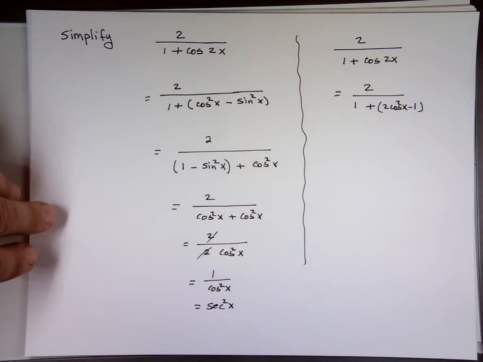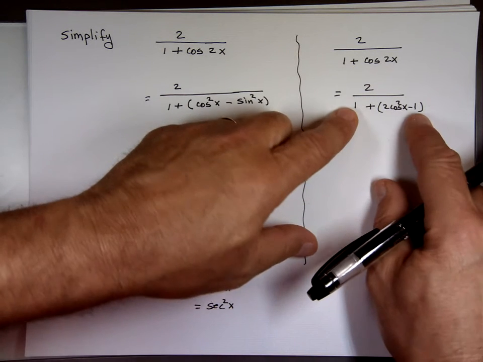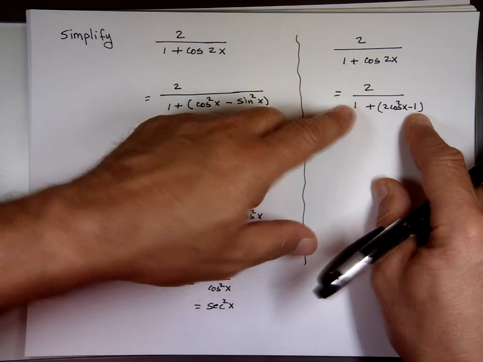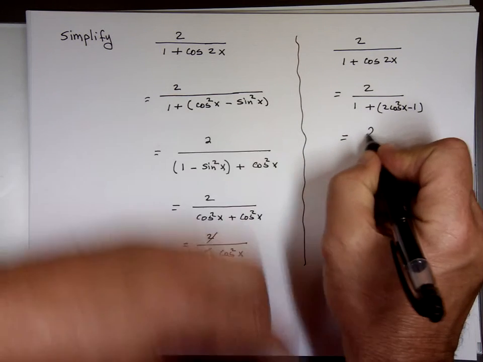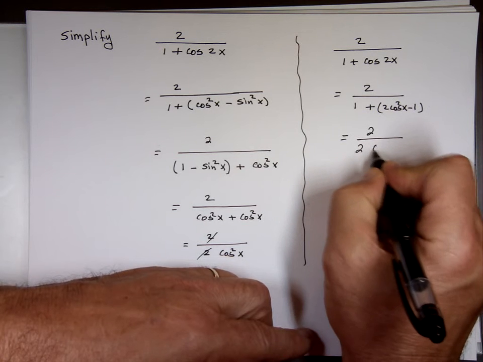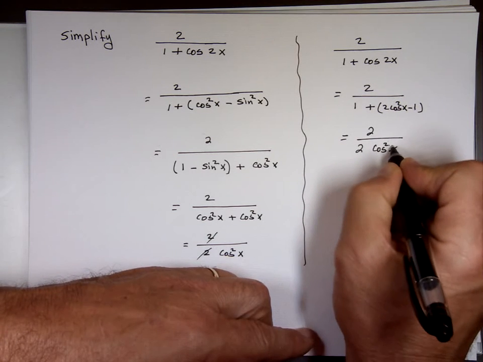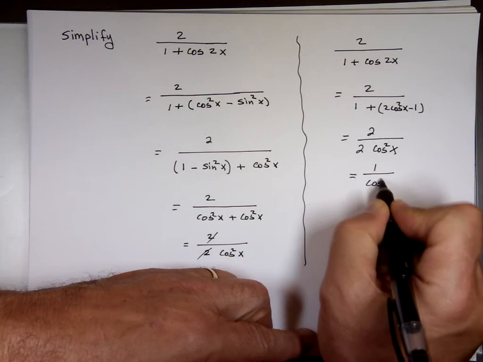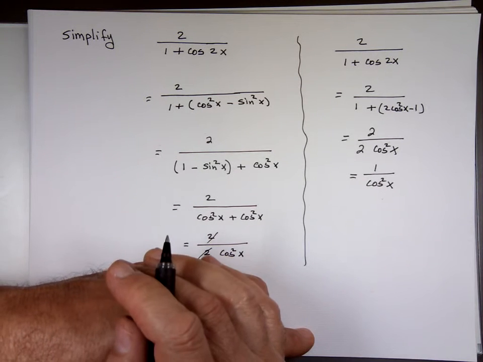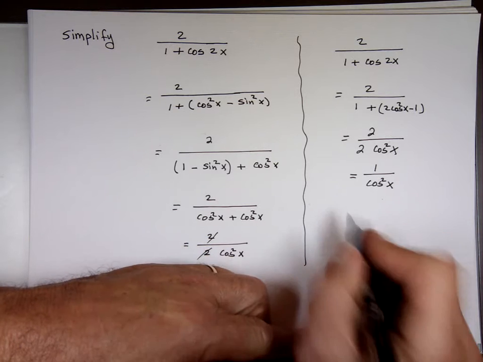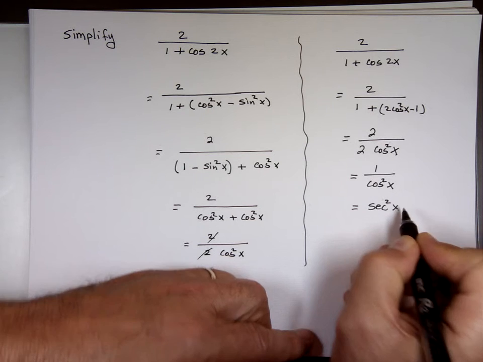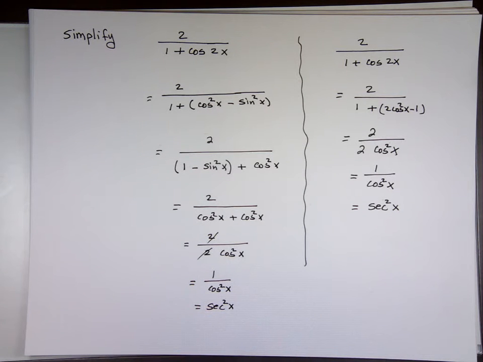And if I do that, what's going to happen to the 1 minus 1? They cancel out. So you end up with 2 over 2 cosine squared x, which is 1 over cosine squared x, and 1 over cosine is secant squared x. Any way you want to, it works out every time.